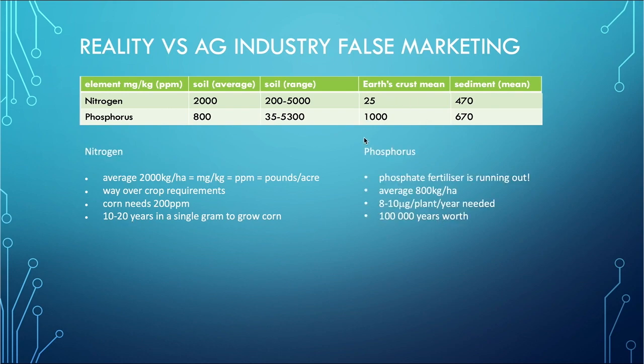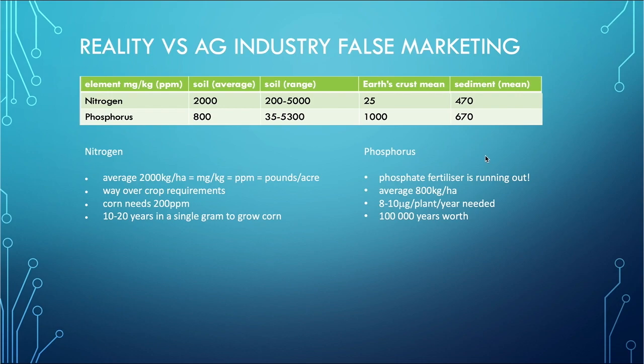And then phosphorus is a similar calculation, where phosphate fertilizer is running out, so it's a problem. And we're actually mining very delicate habitats, destroying whole islands just to get this guano, which is a bird poo that has been accumulated, and we're using that to fuel our food supply, but that's going to run out, and it's already happening. And most of these nutrients never actually get absorbed.